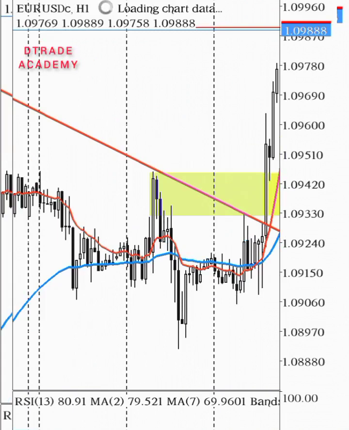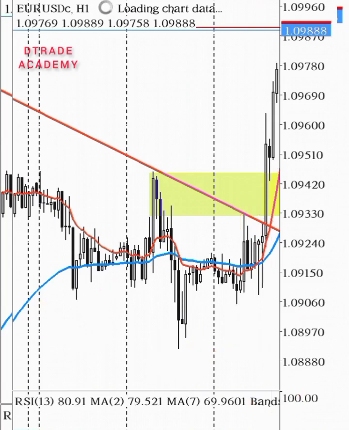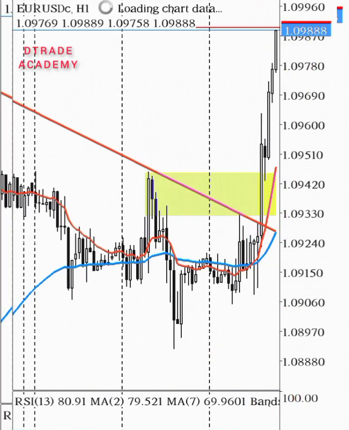So from there we were expecting this market to bounce from here and sell off, but instead price came and gave us head and shoulder pattern. This is the left shoulder, this is the right shoulder. So price came to give us head and shoulder pattern, and what happened? The price bought. So level 1 reset can come in form of head and shoulder pattern, head, left shoulder, right shoulder.